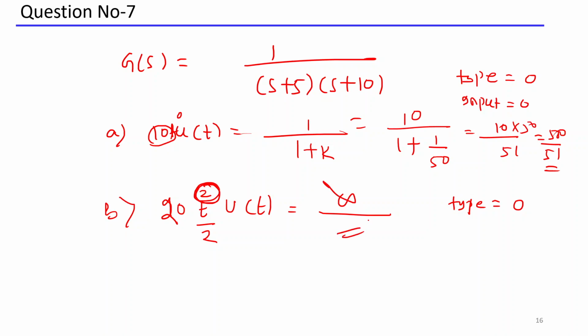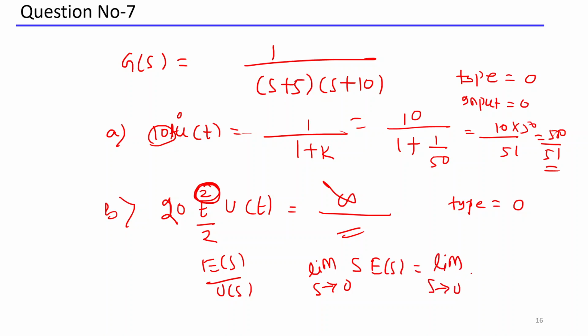Don't calculate anything. Otherwise, if you don't know the shortcut for how to solve this question, to find E of S divided by the input U of S, then what you do is put the limit S tends to 0 of S into E of S. E of S is the input times 1 by G. You know how to solve this.